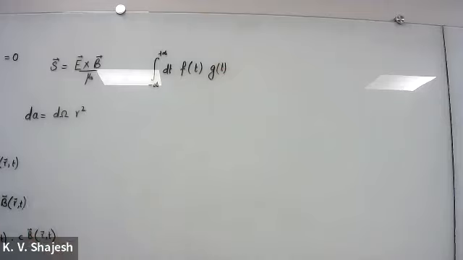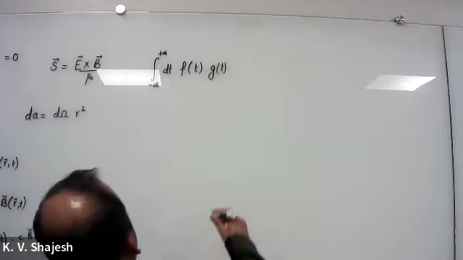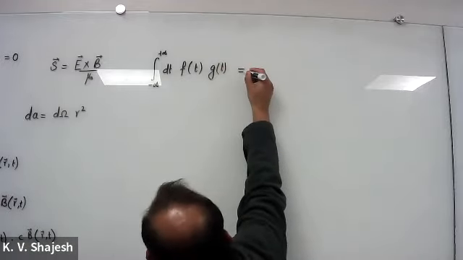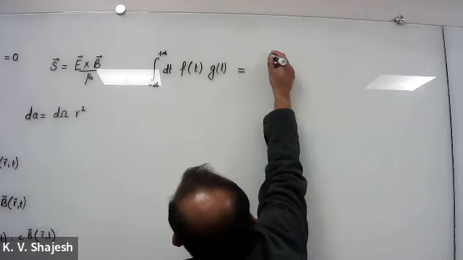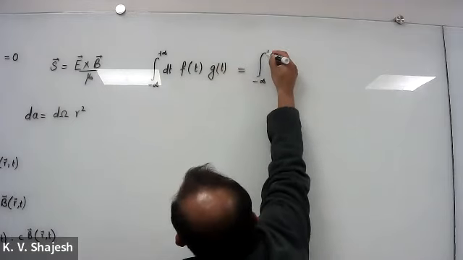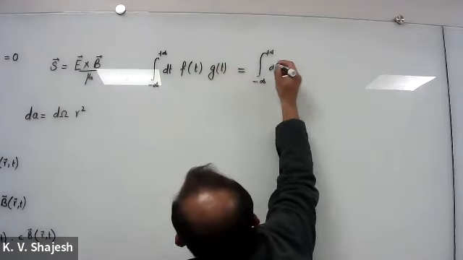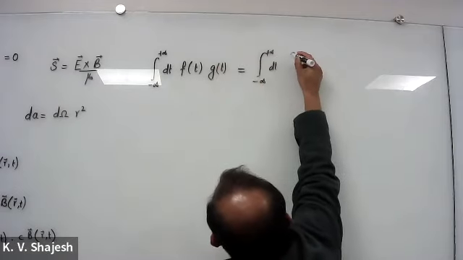I have two functions, both dependent on time, and the total time integral would be equal to the integral dt. Fourier transform both.